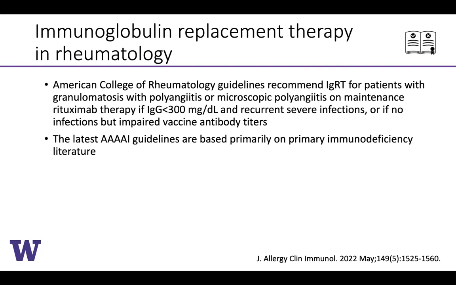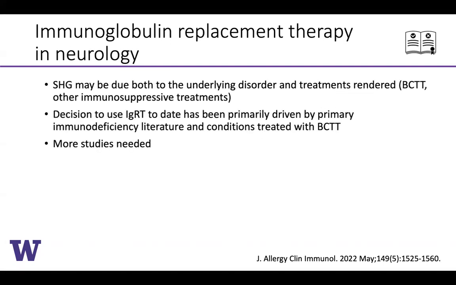Again, the Quad AI guidelines are a little bit different, as we just reviewed. So we will have some discussions with our rheumatology colleagues and use shared decision-making in managing those patients.